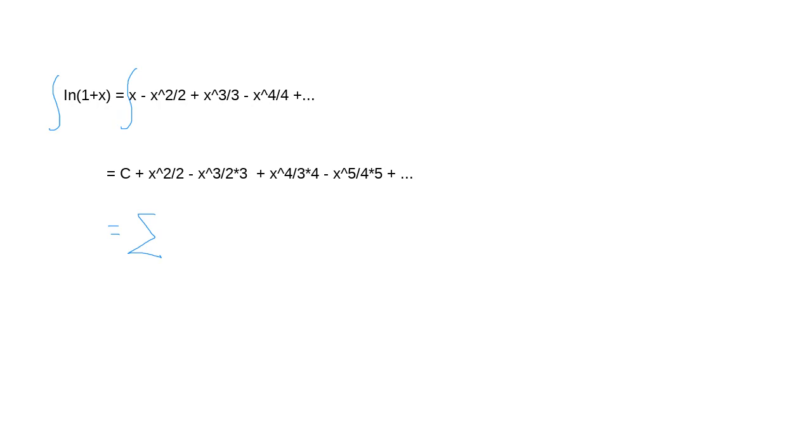So the integration of ln, we still get a C. When x is 0, all the x terms become 0, so we plug in x equals 0 and get a C. Well, ln of 1 plus 0 is ln 1, which is 0, right?